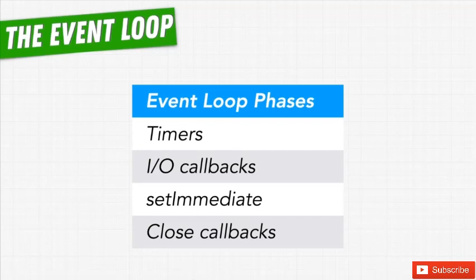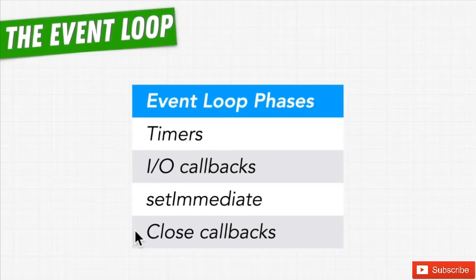Each of these stages is responsible for a different category of operations that the event loop processes. There's one for timers, one for input-output events, one for setImmediate, and one for close callbacks.